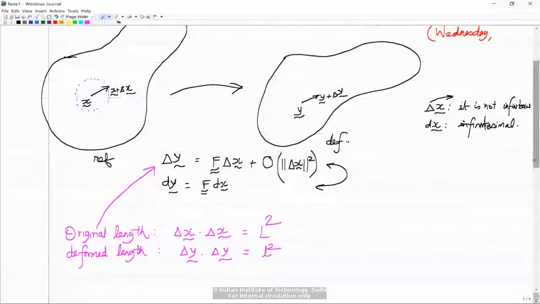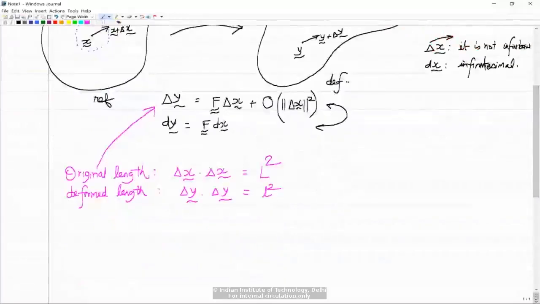So let's now find out this small L square in terms of the original length, or try to use this deformation gradient in here. Again, small L square is delta y dot delta y, and use the formula for delta y from above.